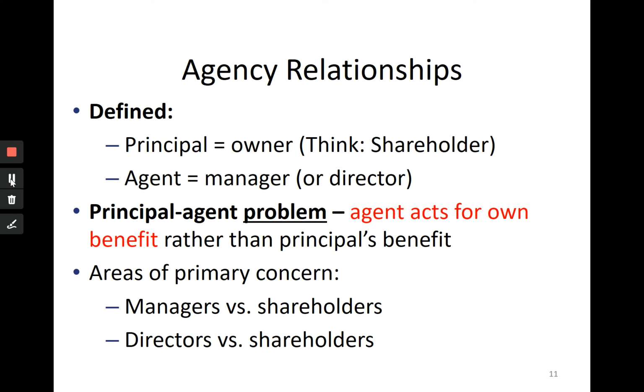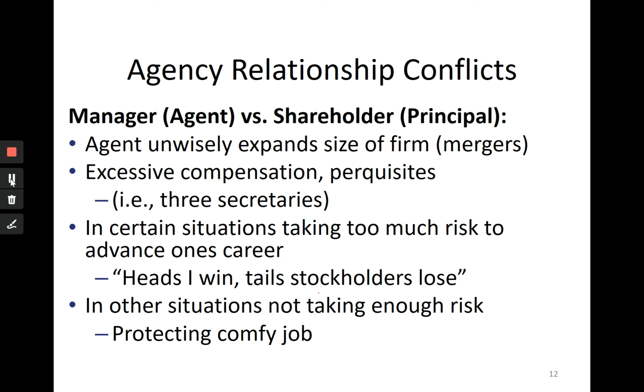In simpler words, words put in red in this slide, we say agents act for their own benefit, and not necessarily for the best interest of the principal. And of course, this gives rise to conflicts of interest between managers as agents and shareholders as principals, board of directors as agents, and shareholders as principals.